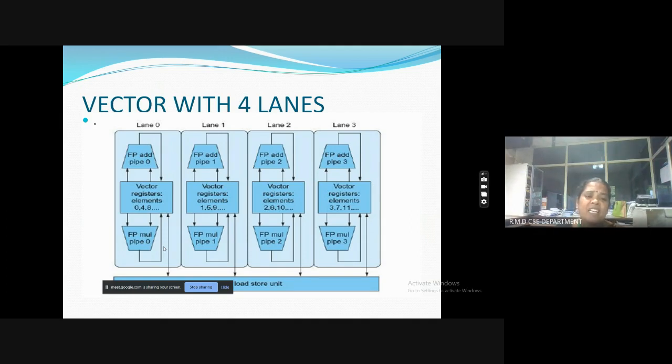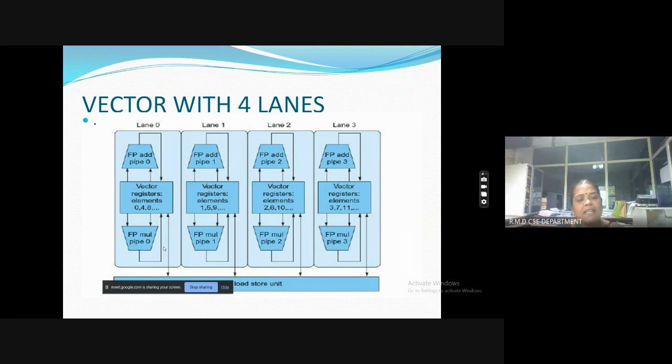What is FP? FP is the fetch cycle, used for fetching in the processor, and pipe 0, pipe 1, pipe 2, pipe 3 are lane 0, lane 1, lane 2, lane 3, as mentioned at the top. Likewise, it uses register elements separately, because all lanes are not able to access the same register. So they are split: 0, 4, 8 go to pipe 0, that is lane 0, whereas lane 1 has registers 1, 5, 9.